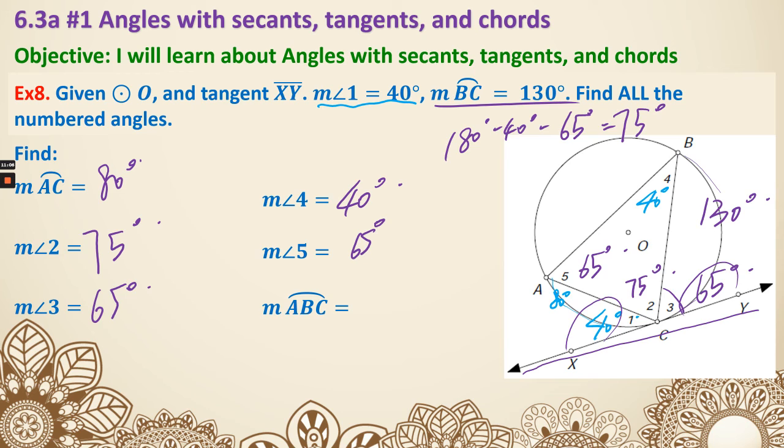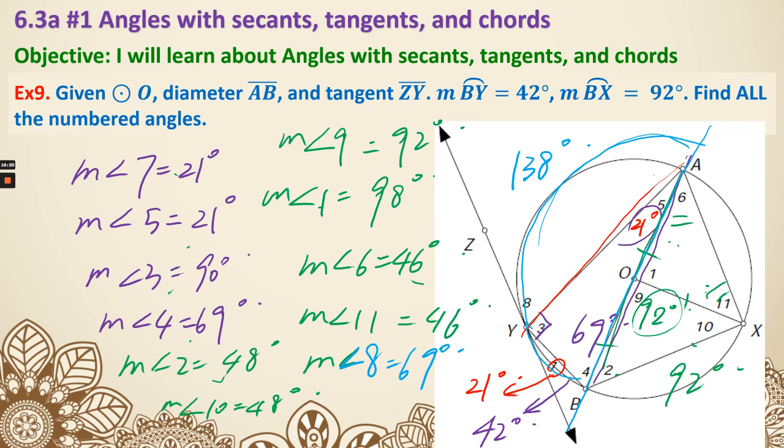And the measure of arc ABC is going to be 360 minus 80. And that is going to give us 280 degrees of arc. That is example 8. And that is everything for 6.3a.